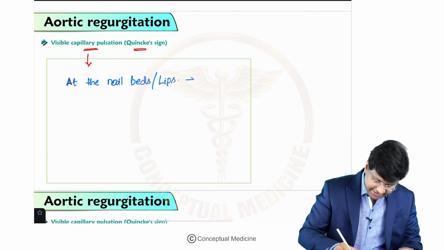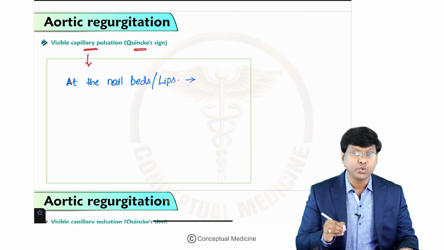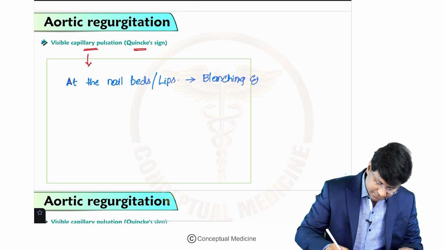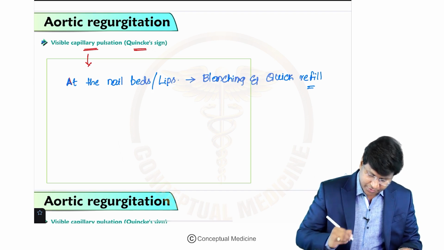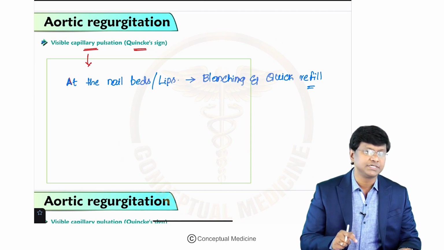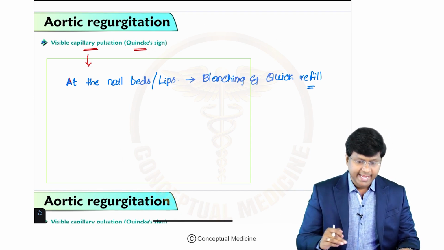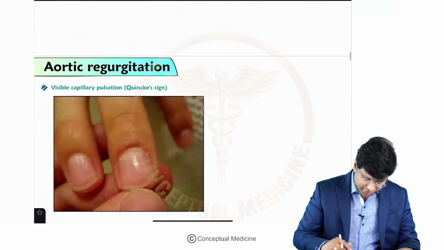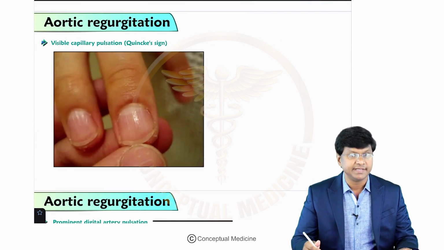And what will you have? You will have blanching and quick refill. That is what you will observe at the nail beds or lips. And for eliciting this Quincke's sign, what is the procedure that you need to follow? You see, this is the tip of the nail.